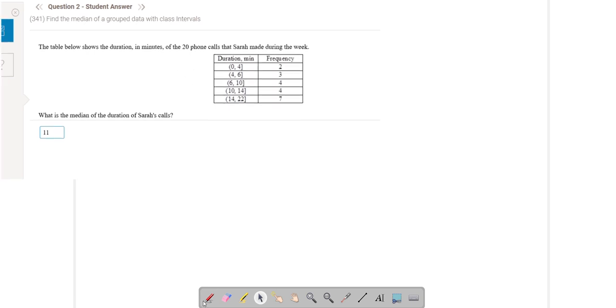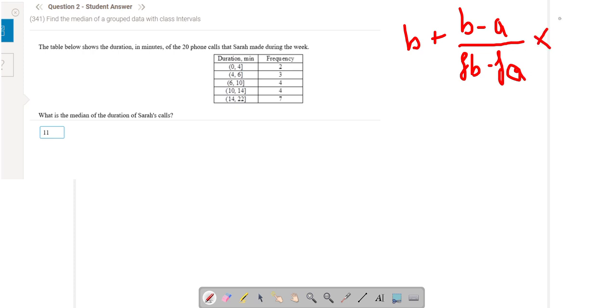The rule states, as I said, b plus, you open a fraction, b minus a over fb, I'll explain what they are right now, minus fa, times, open brackets, n over 2 minus fb.